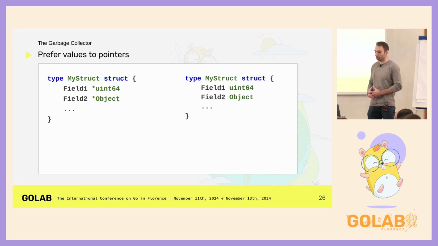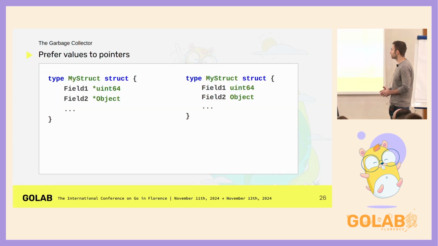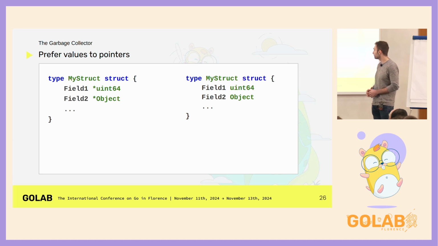The other tip is to prefer values to pointers when possible. So people that come from C and C++ usually tend to use pointers and to prefer them to values. But when doing that, you have to think about the fact that if you then allocate, in this example, an object of type myStruct on the left, then you also have to allocate explicitly each of its fields, because they also take a reference to the values.